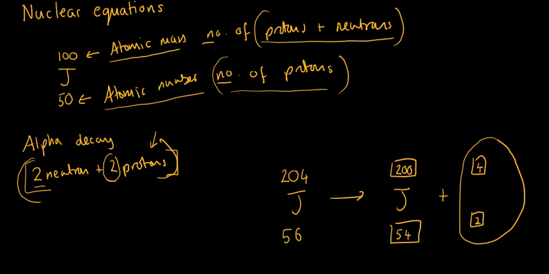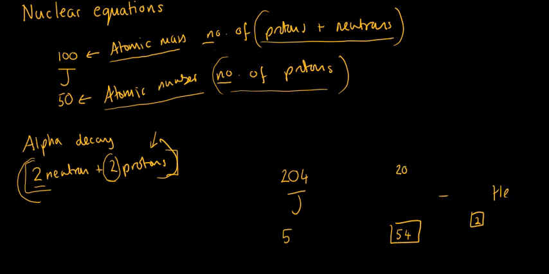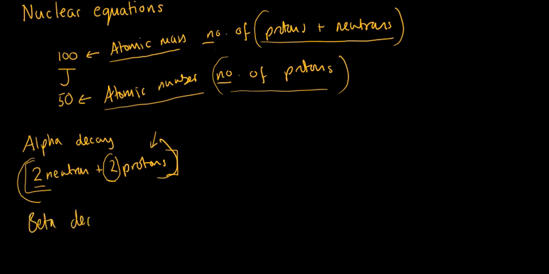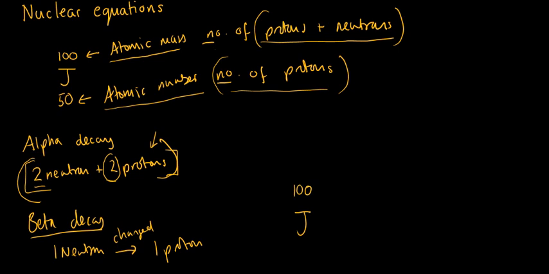So then what can happen is we can undergo something called beta decay. And beta decay is where one neutron is transformed, changed into 1 proton. So let's imagine our atom J here, let's say 150. So what is going to happen?